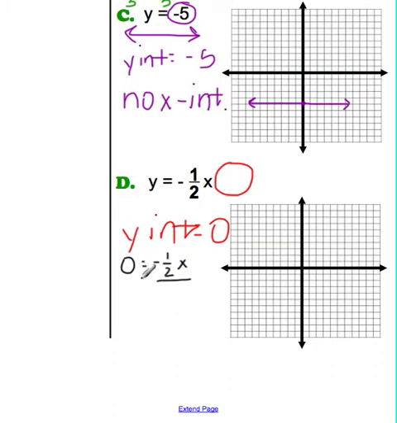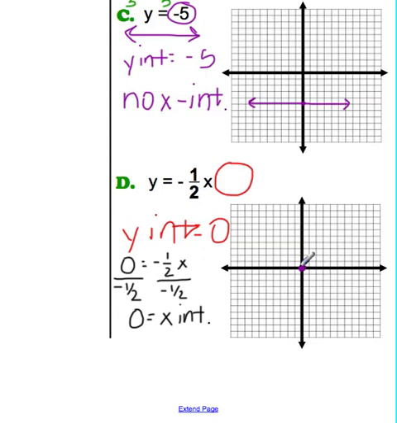Well, I can divide both sides by negative 1/2. And one thing we learned last week when we were calculating slope is that 0 divided by anything is 0, which means that the x-intercept is 0. And go figure, our graph is going to cross the y-axis at 0, because that falls at the origin, therefore that also has to be.